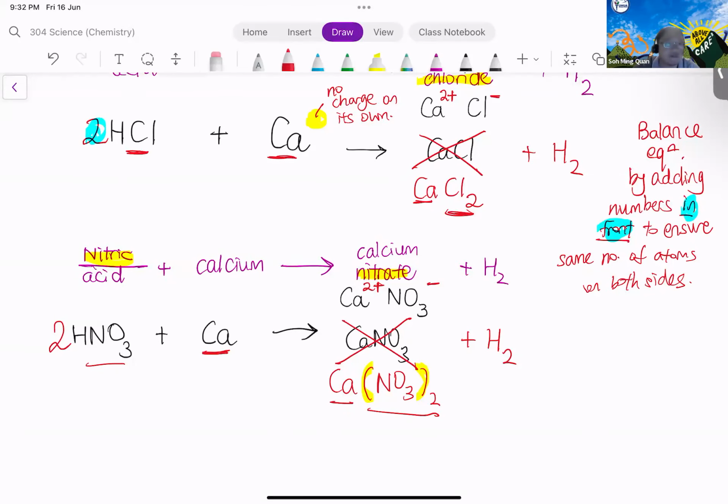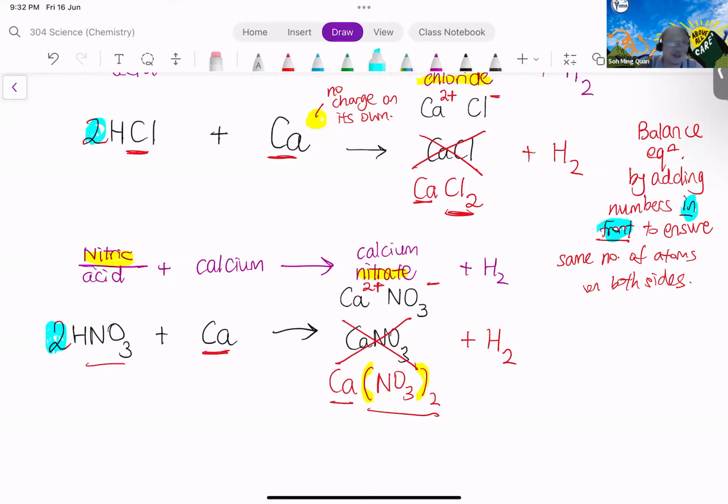And this is the balanced chemical equation for the reaction between nitric acid and calcium metal. Okay, so Mr. So has written out the wrong formula and crossed out so that you don't repeat this same mistake. Okay, obviously for your final answer, you don't write the wrong formula. You write the correct formula only.